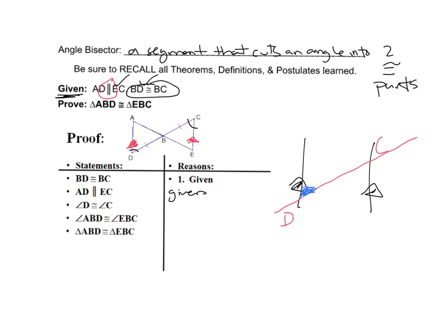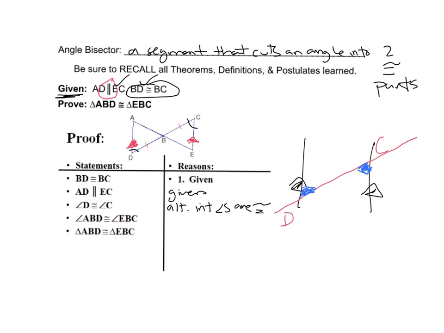This angle here and this angle here are on different sides of the transversal, but inside the parallel lines, and we know that alternate interior angles are in fact congruent. So angle D can be proven congruent to angle C because alternate interior angles are congruent.